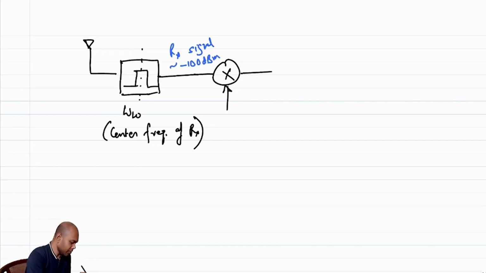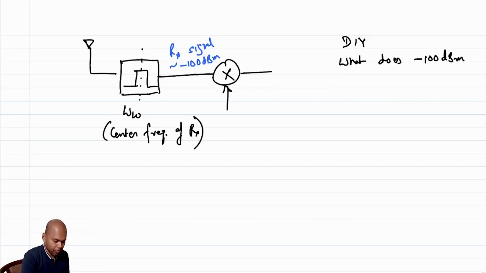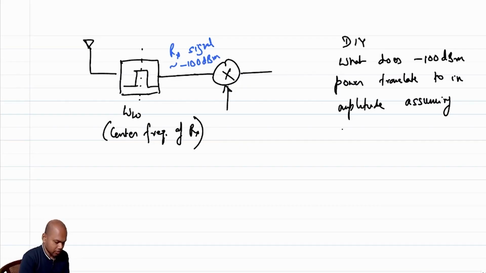DIY, do it yourself: what does minus 100 dBm power translate to in amplitude, assuming the resistance is equal to 50 ohm.